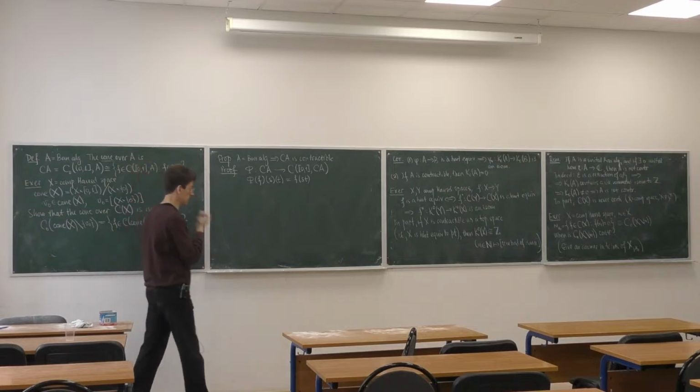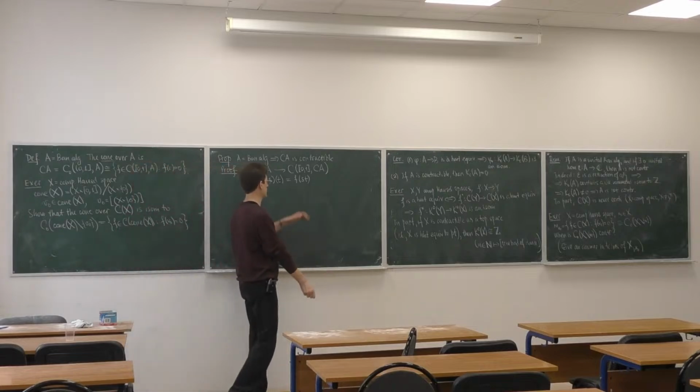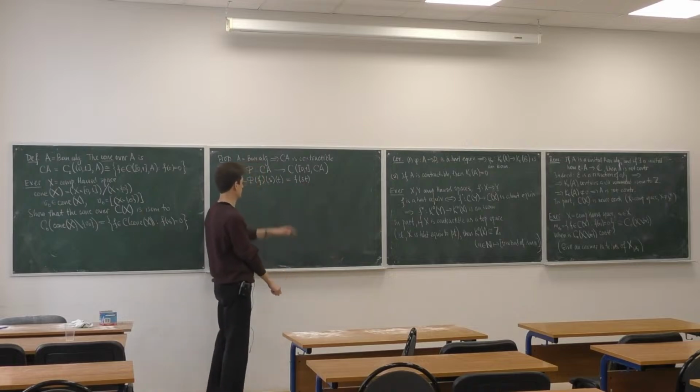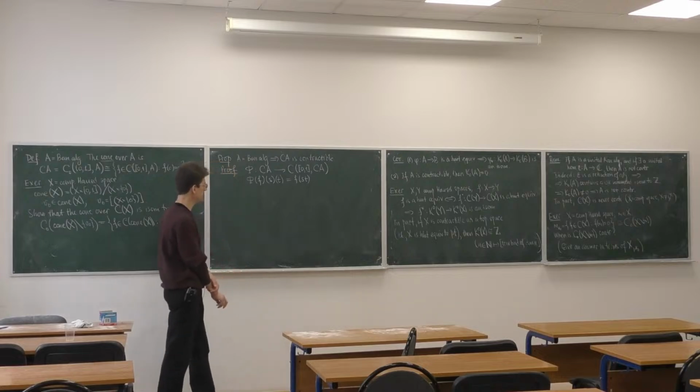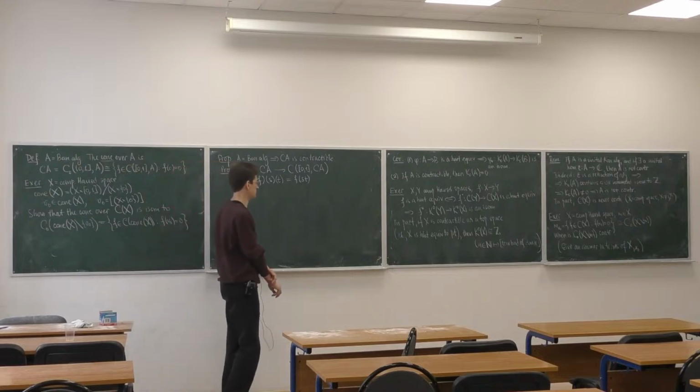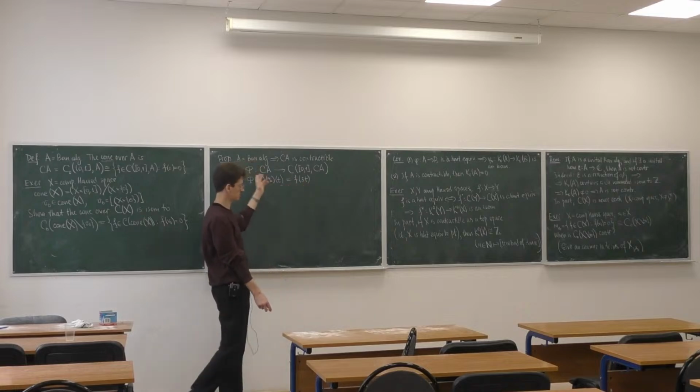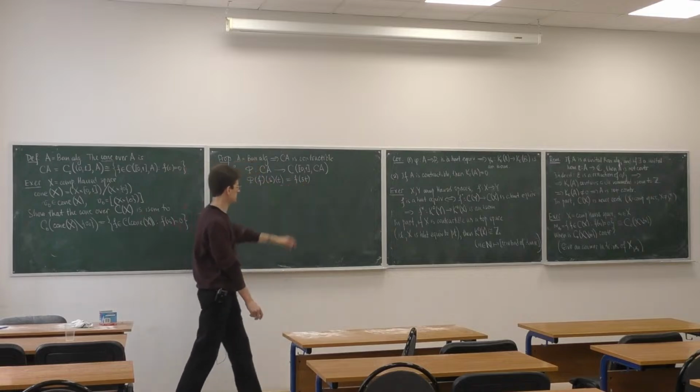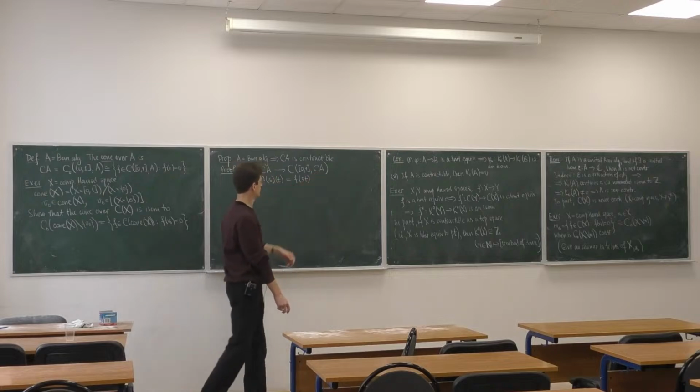So clearly this is well defined because, first of all, if we fix a little s, the function is indeed in the cone over A because, well, if t is 0, then for every s this is also 0 and this vanishes. So this is indeed a function in here.